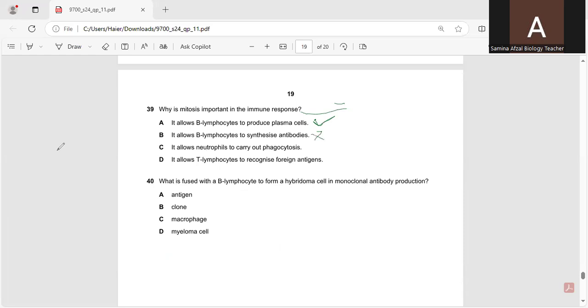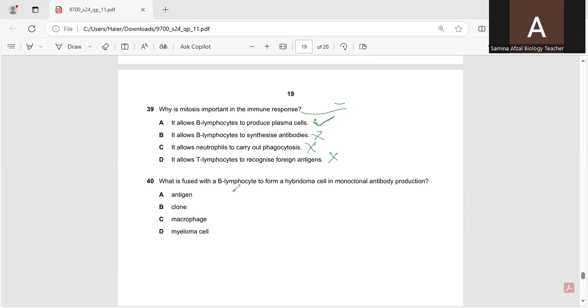Mitosis allows plasma cells and memory cells to be produced during this process. It allows neutrophils to carry out phagocytosis. No. It allows T lymphocytes to recognize. Again, no. So only A is the correct option because it allows beta lymphocytes to produce plasma cells, and in this way the process will take place.